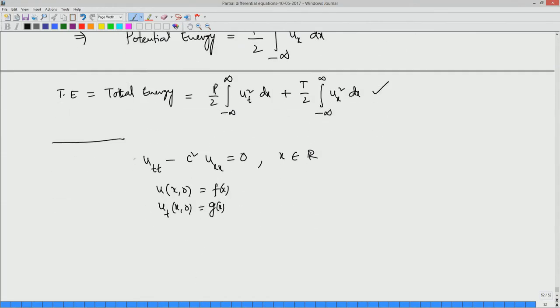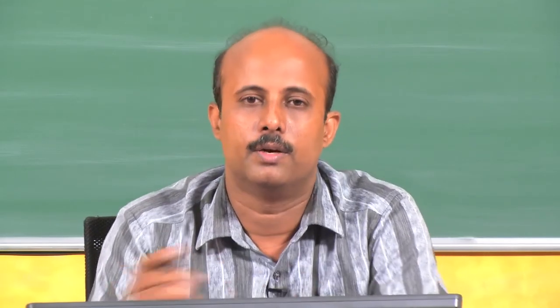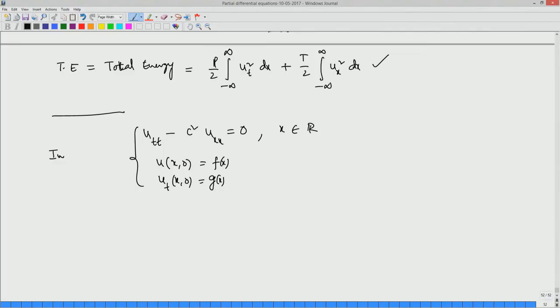So you have an initial value problem for the full real line. For this problem you have been given the D'Alembert solution. Now, you do not know whether that is the only solution. You have one solution, the D'Alembert solution, and you want to know whether this is the only solution you have for this problem.